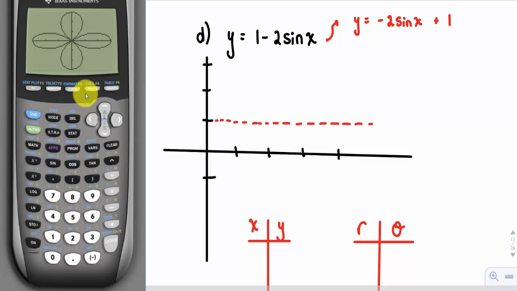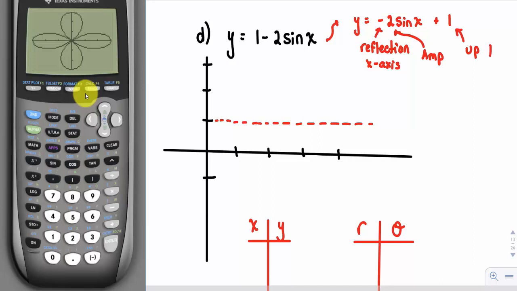So if you didn't see what was going on here, this is maybe why. So remember, this is a reflection over the x-axis. So it's going to be upside down. And this 2 is your amplitude. And this 1 is up 1.